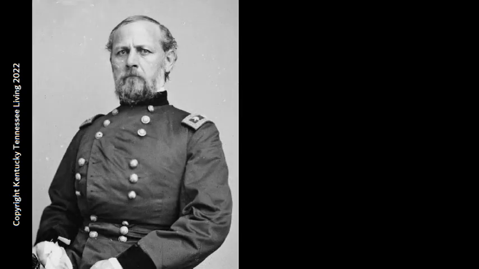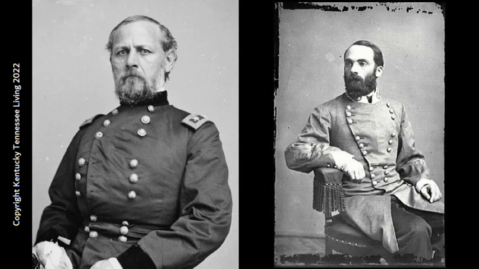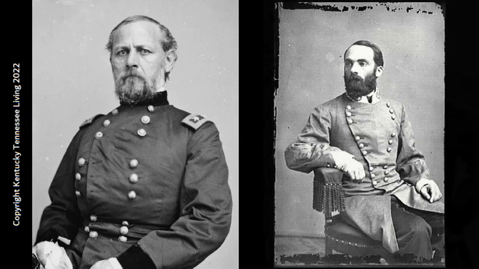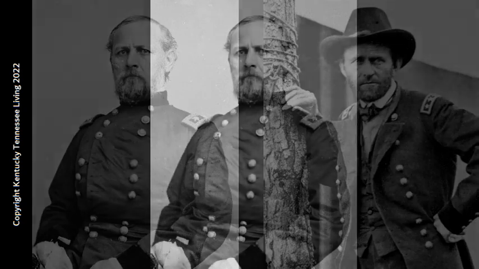General Don Carlos Buell marches to Louisville. On September 22, 1862, Buell and his army began marching towards Louisville, Kentucky. Colonel Joseph Wheeler's Confederate cavalry constantly harassed Buell's army, but they did very little damage. General Ulysses S. Grant sent reinforcements to Buell, and they joined his troops while en route to Louisville.